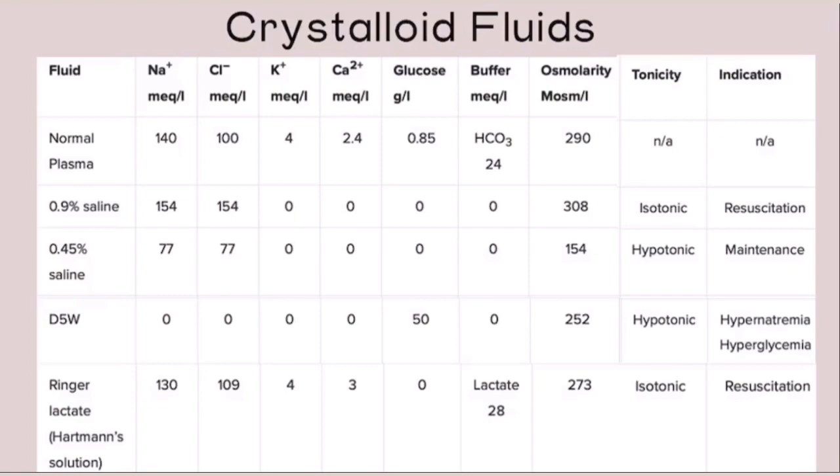The most interesting aspect of LR is the inclusion of a metabolizable buffer, the lactate, which is present at a concentration of 28 milliequivalents per liter. The overall osmolarity of LR is 273 milliosmoles per liter, which makes this an isotonic fluid, and its major use is for resuscitation, with less frequent use as a maintenance fluid.